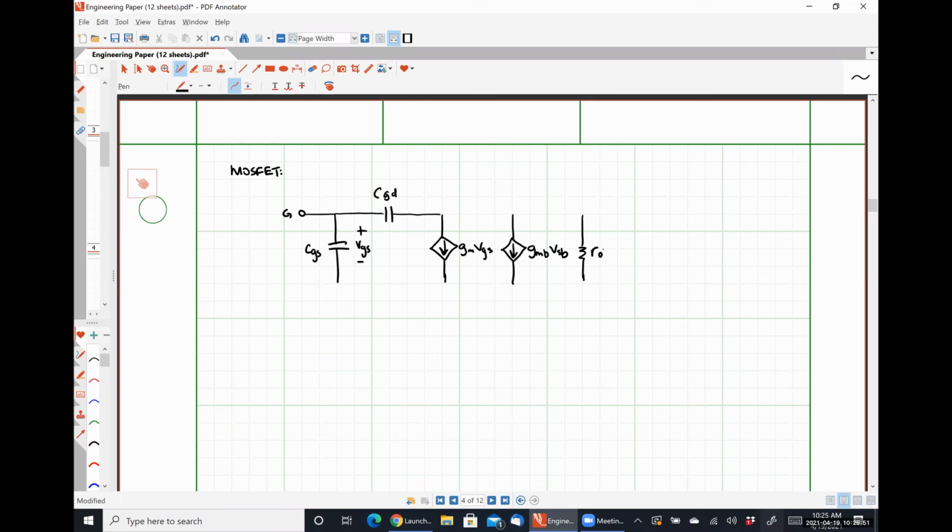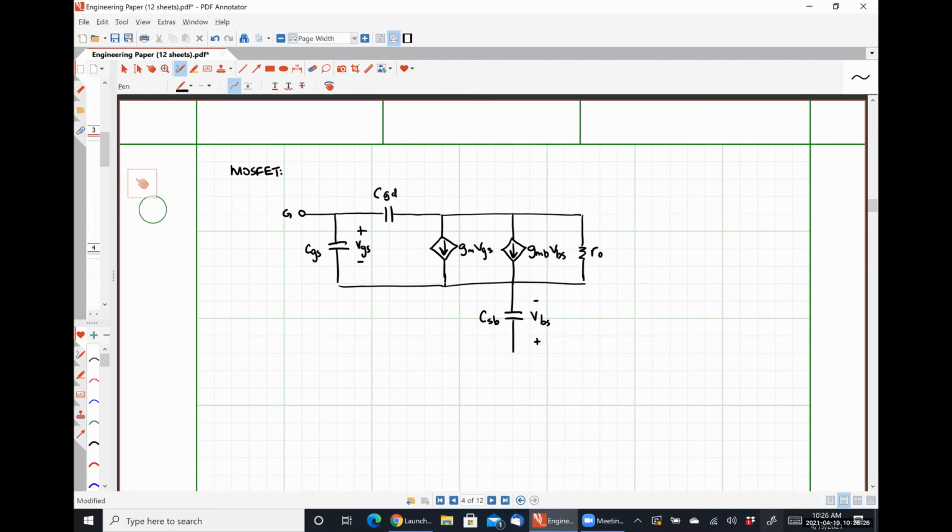Here we have our channel length modulation resistance R naught. We are going to have some source body capacitance, CSB, where this is my voltage VBS, and sorry, this should be VBS because this is ostensibly an NMOS.